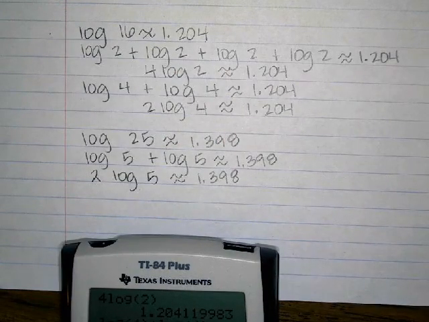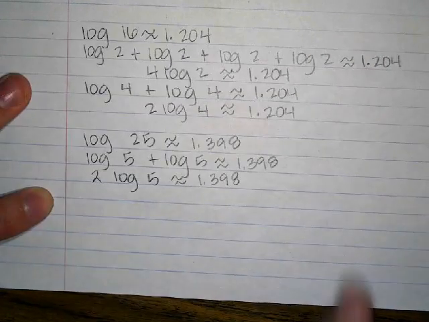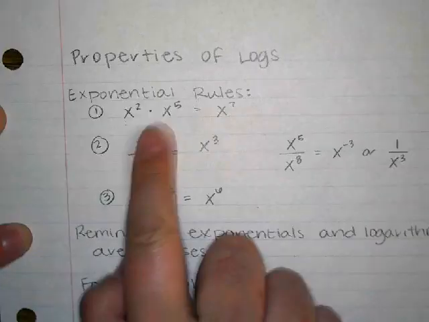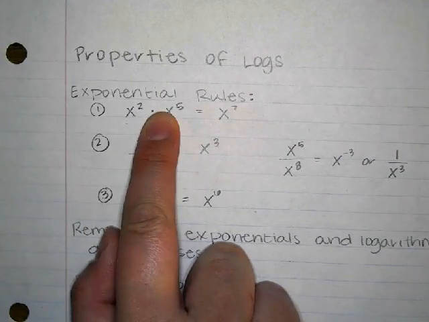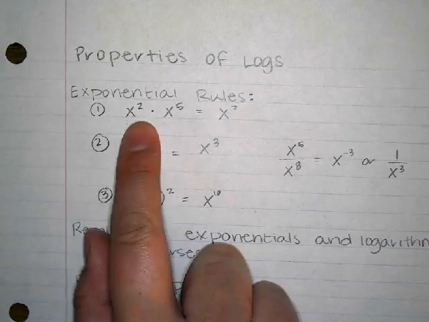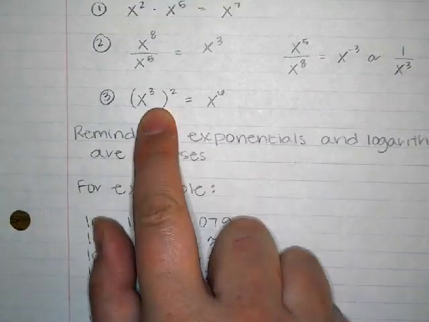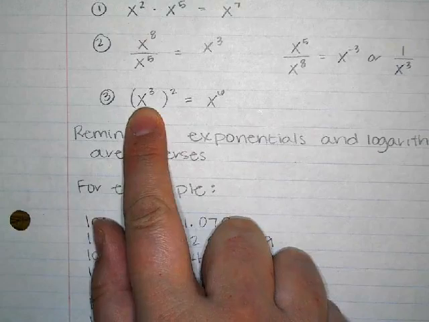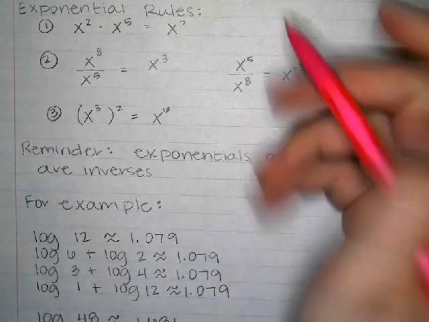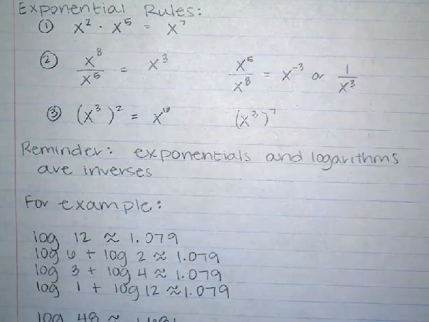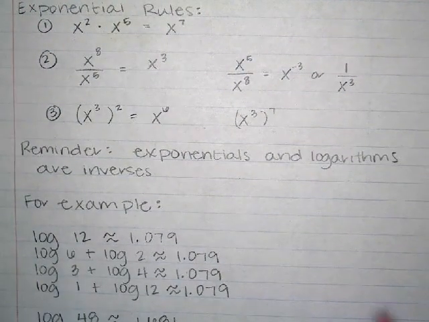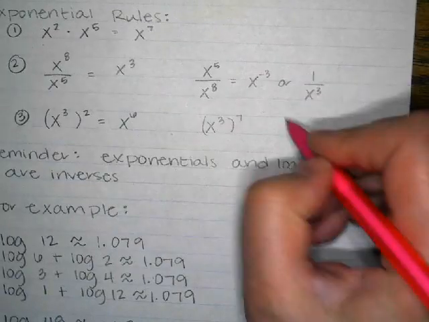Because if we go back to exponentials, when we multiply two bases, we just add the exponents together, right? So down here, if I did a problem like x to the third raised to the seventh power, if I wanted to write that out, I would have x to the third, x to the third, x to the third, x to the third.